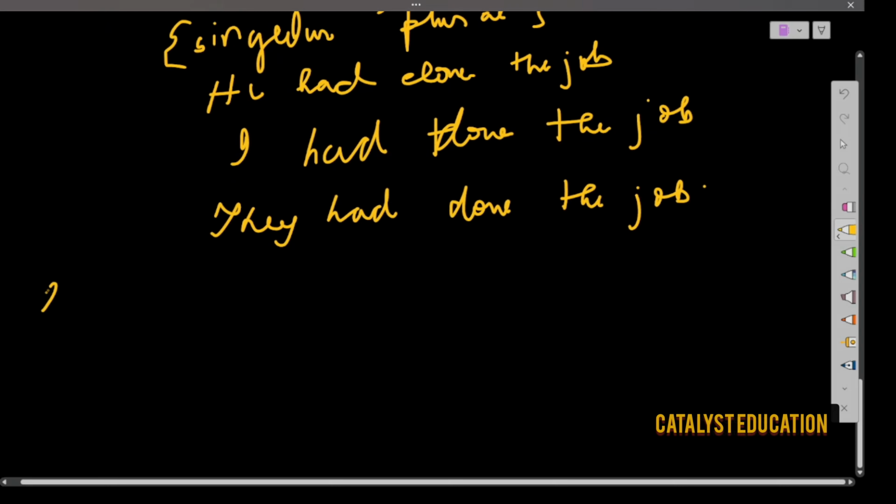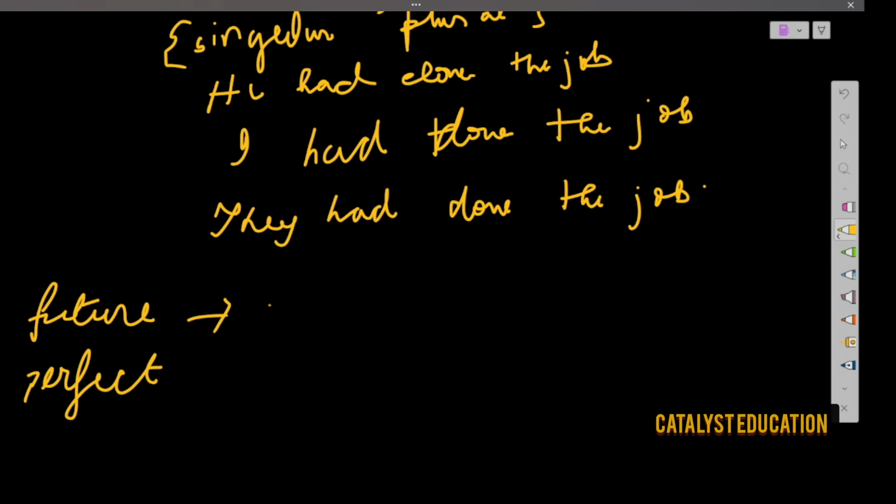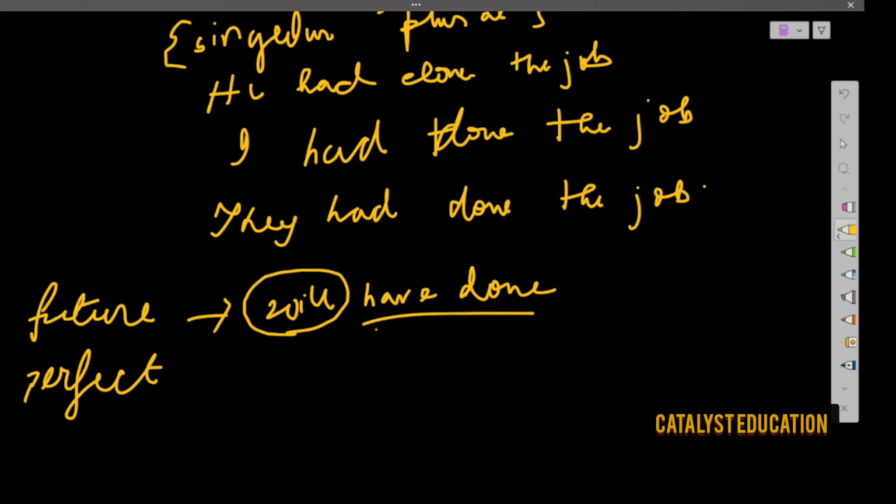Now, the last form is the future perfect tense, where we use will have done. So, have done is always there, and the word will comes in. I will have done it, they will have done the job.